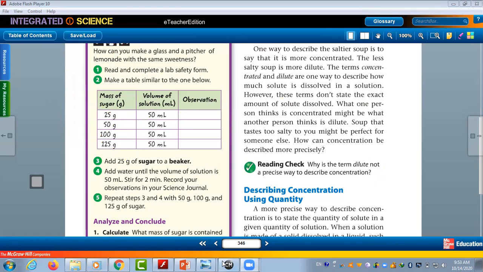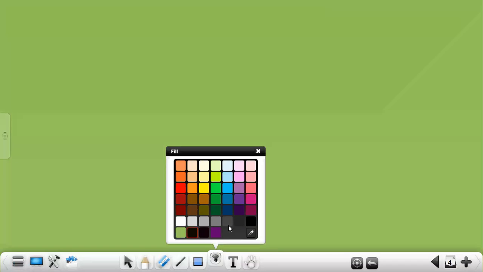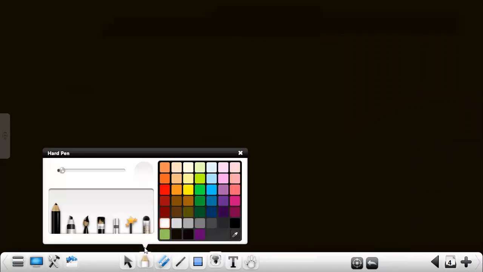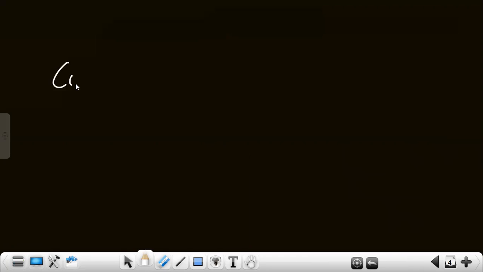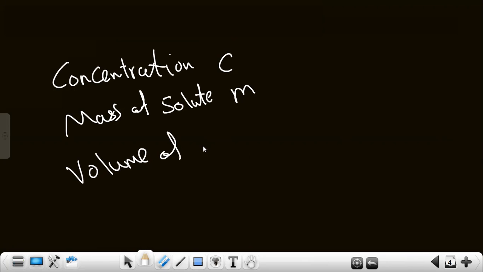So we can say that concentration, if we give it the symbol C, and the mass of solute like sugar or salt, we give it the symbol M, and the volume of the solution we are using, we give it the symbol V. So now we have concentration and mass, C and M.